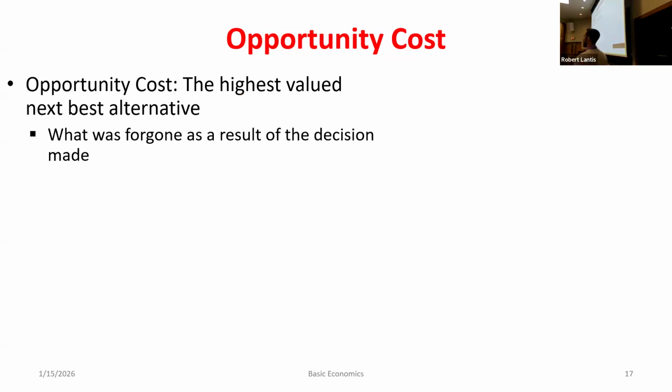So the first thing we'll look at are costs. Okay? So costs we usually think about, because all of us are consumers, when you go to the store, what would you usually think about the cost of buying something is? Yeah, whatever the sticker price is on the good that you want to buy. So if I go to buy a gallon of gas, it's however much a gallon of gas costs, right?